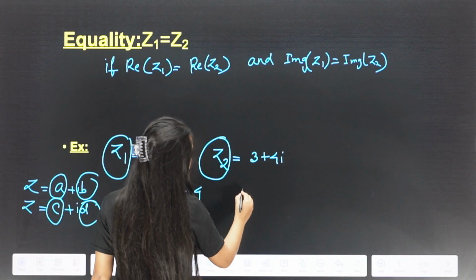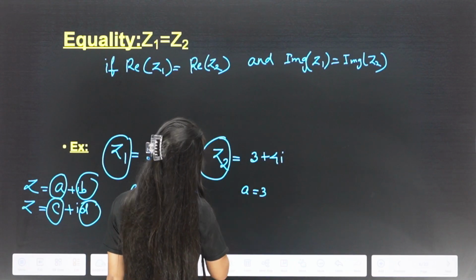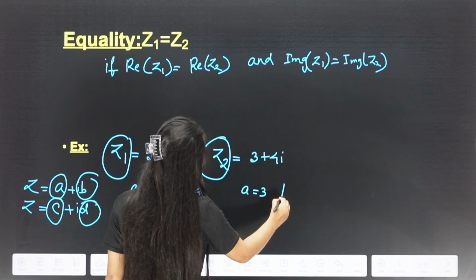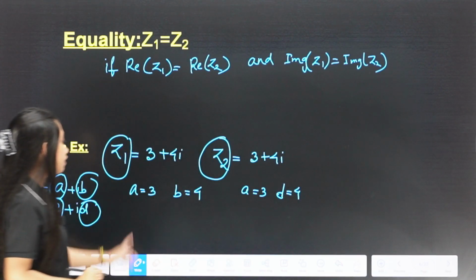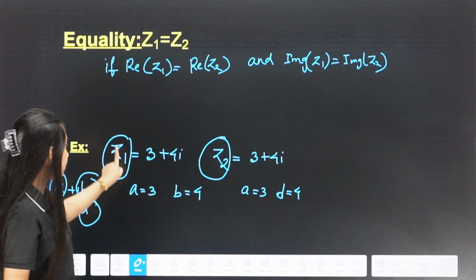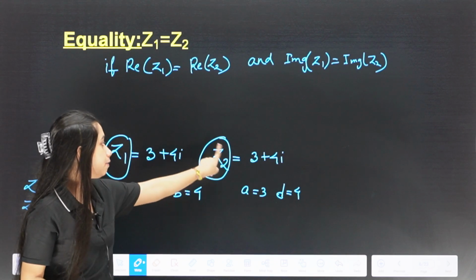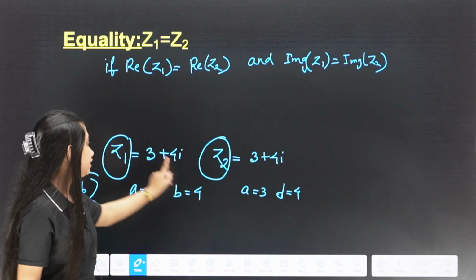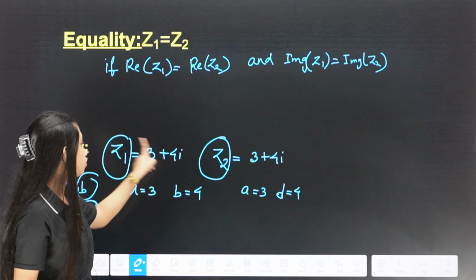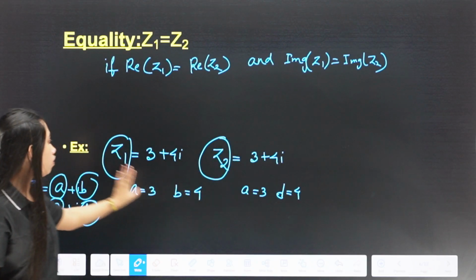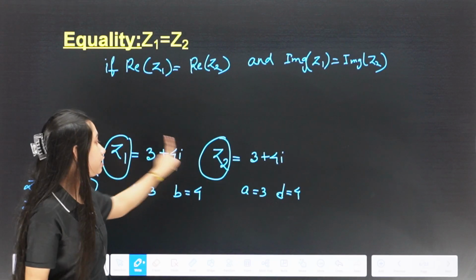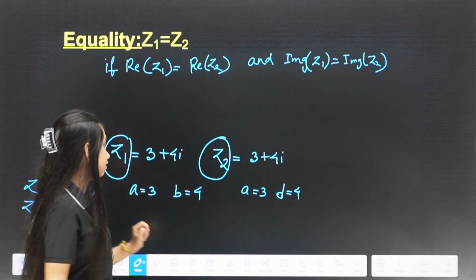Here the real part is 3, the imaginary part is 4i, and d is 4. Since the real part of this complex number is equal to the real part of the other, and the imaginary part of this complex number is equal to the imaginary part of the other, these two complex numbers are equal to each other.